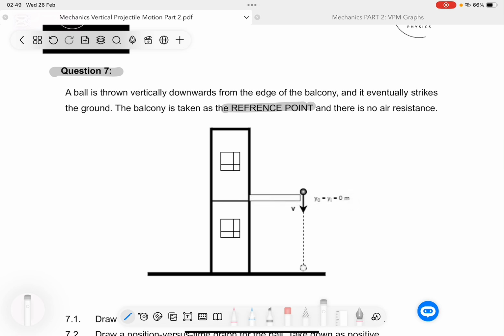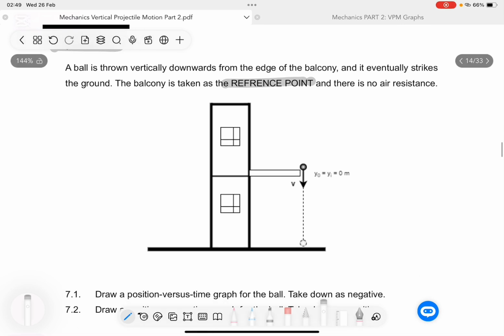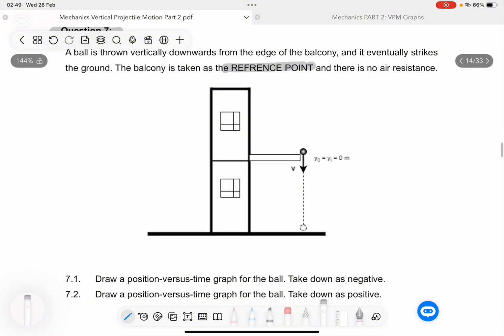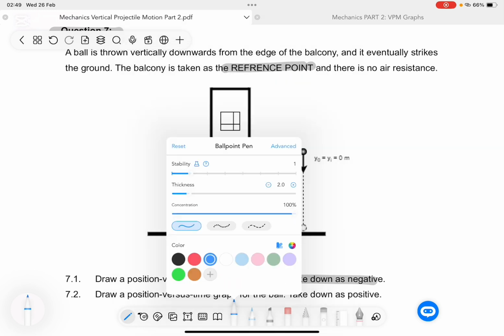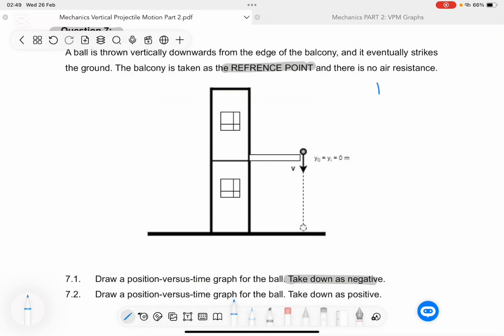That's where we start measuring our position. And there's no air resistance, meaning the projectile is moving in free fall. 7.1 says draw a position versus time graph for the ball. Take down as negative. Now quickly, we already know it means that vectors that are going downwards are negative.